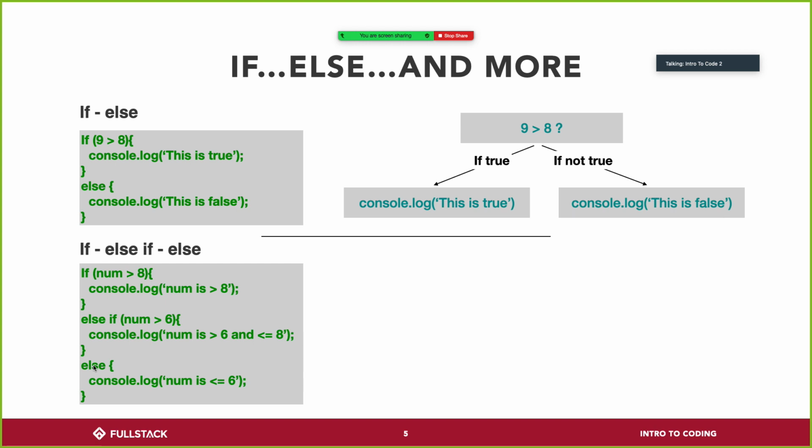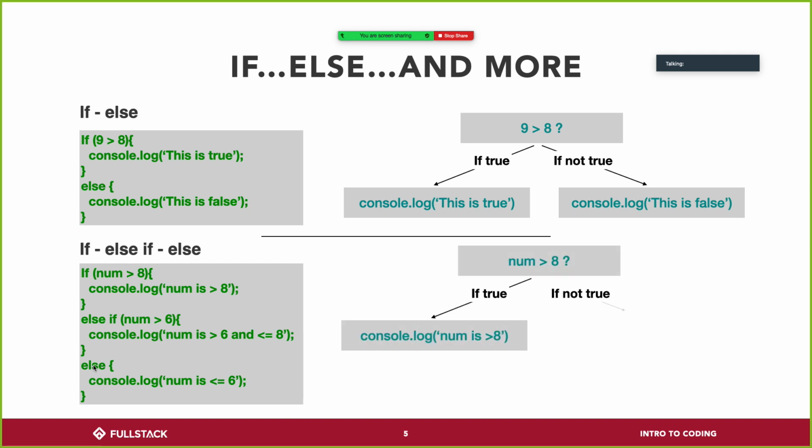It's like saying it's the inverse of everything that came before it. So right here, in the else if it's saying that the number is greater than 6, or if it's not true, then it's going to evaluate to this conditional again.